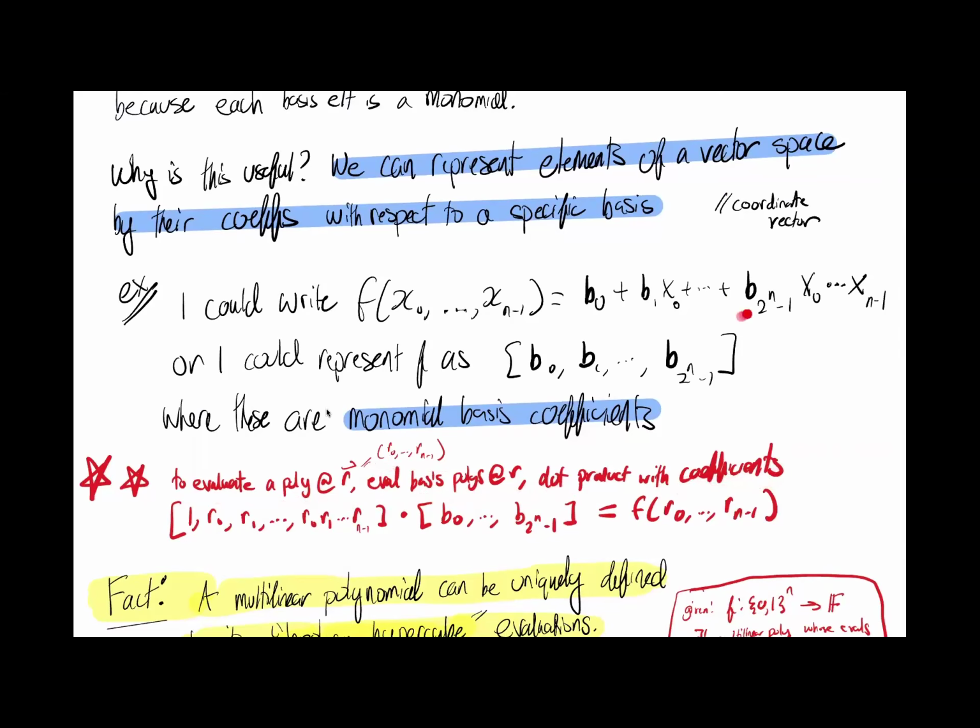These coefficients are just field elements or constants. They don't depend on any of the x's, right? These are just values. So I evaluate my basis polynomials at the point r, and then I dot product it with the coefficients. So I do something like this, and that gives me the evaluation of f at r. Cool. Any questions here?